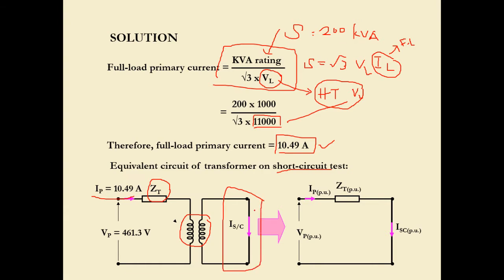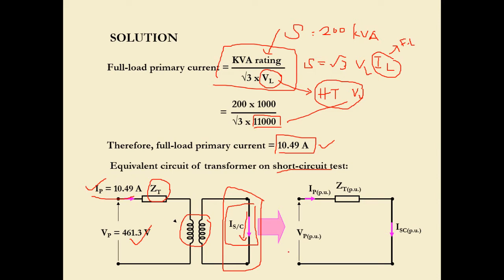I SC stands for short circuit, so we have maximum current flow at the secondary part. Then V P is the measured value of primary voltage, 461.3, after the full load primary current is flowing inside the circuit.